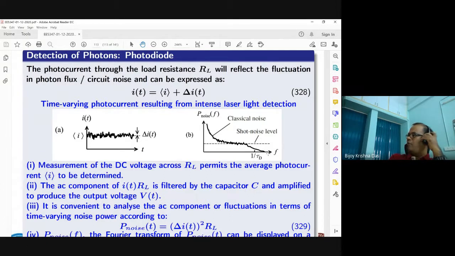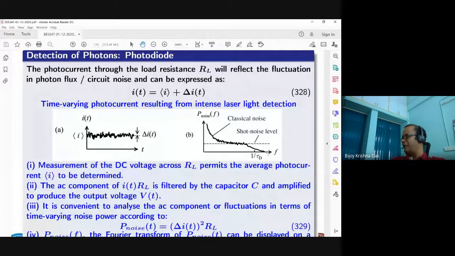So 1 over tau d, that is your frequency. Beyond that, your detector will not be responding. It cannot detect. If you are modulating more than that frequency, it will not give you 1010 or high low.